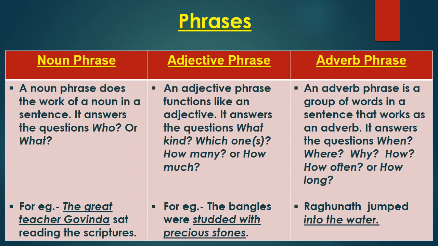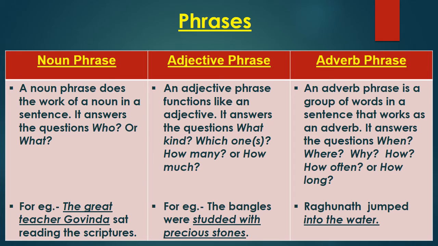It answers the questions when, where, why, how often, or how long. Means it gives information about the verb, its time, place, manner, reason, purpose, frequency, or duration of any action.